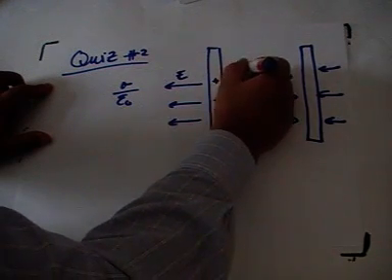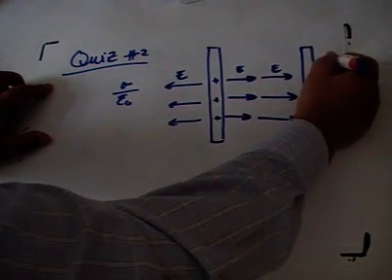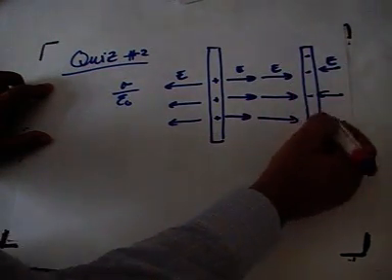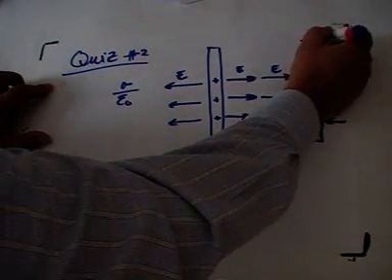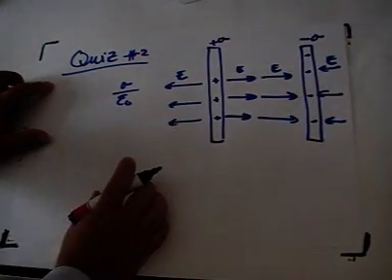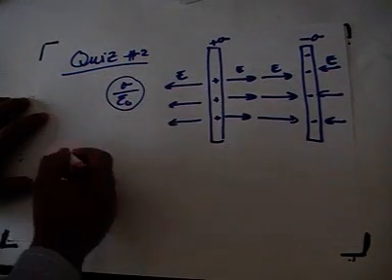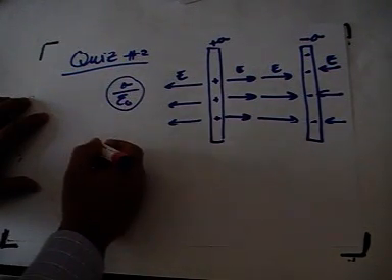All of these are the electric field, except now they are different because this is negative sigma, and this is positive sigma. So the electric field everywhere is equal to this value.